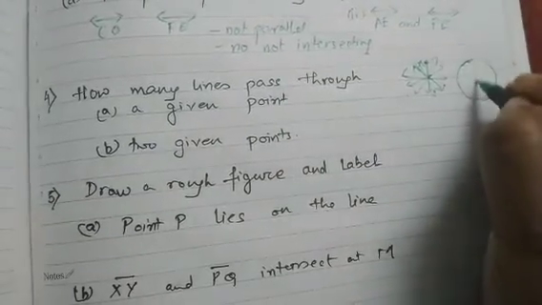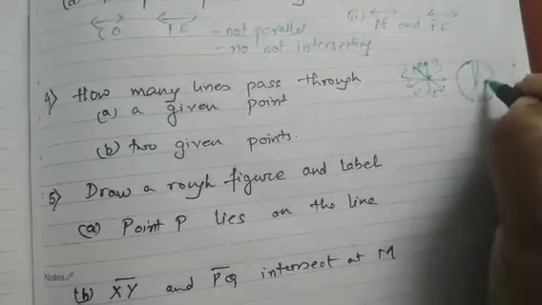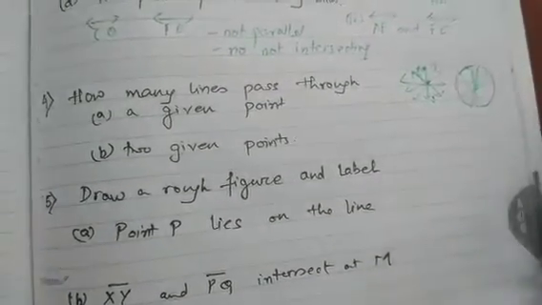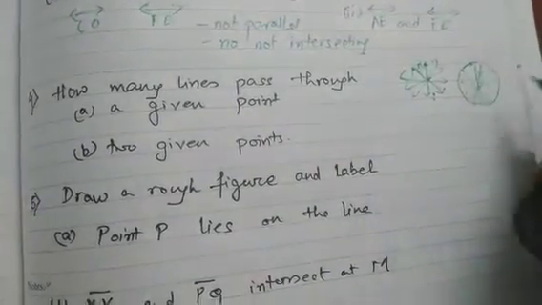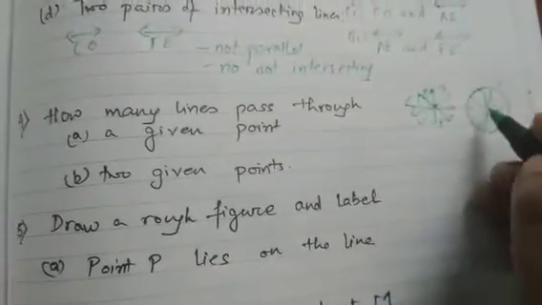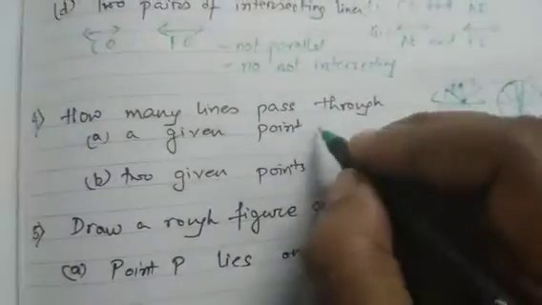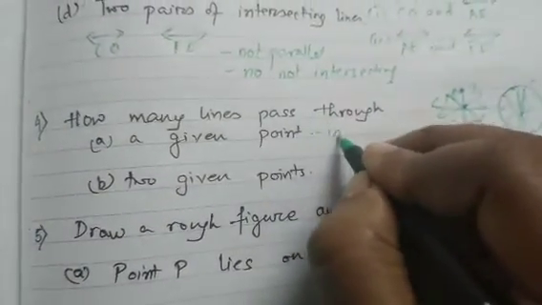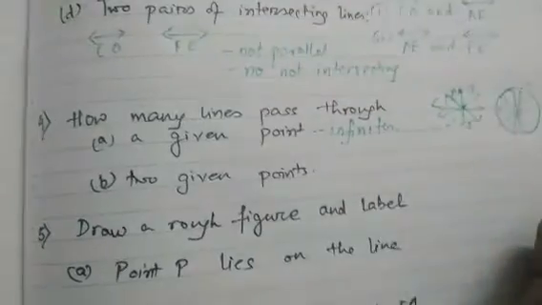We have got spokes, right? There are so many spokes. There are almost 12 spokes, 12 lines, that makes 24 spokes. So again in between I can draw lines. So I can draw infinite number of lines through a given point.